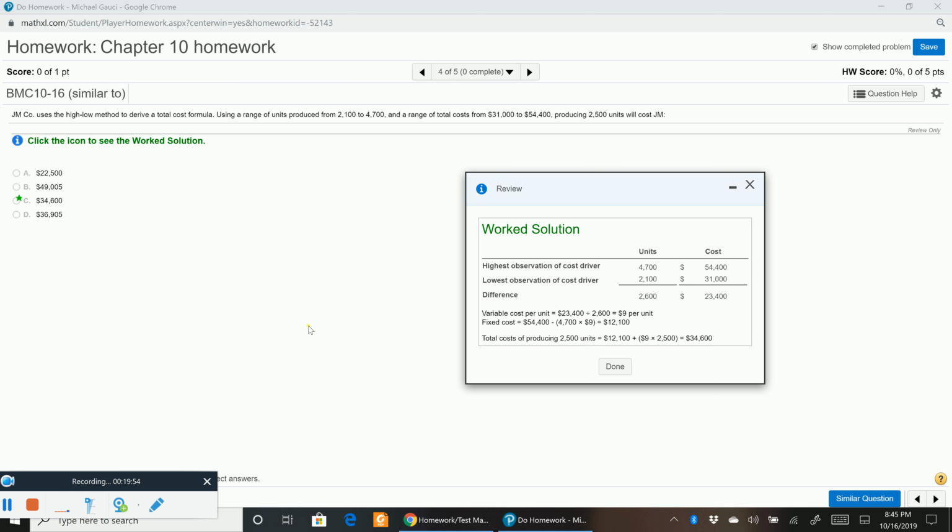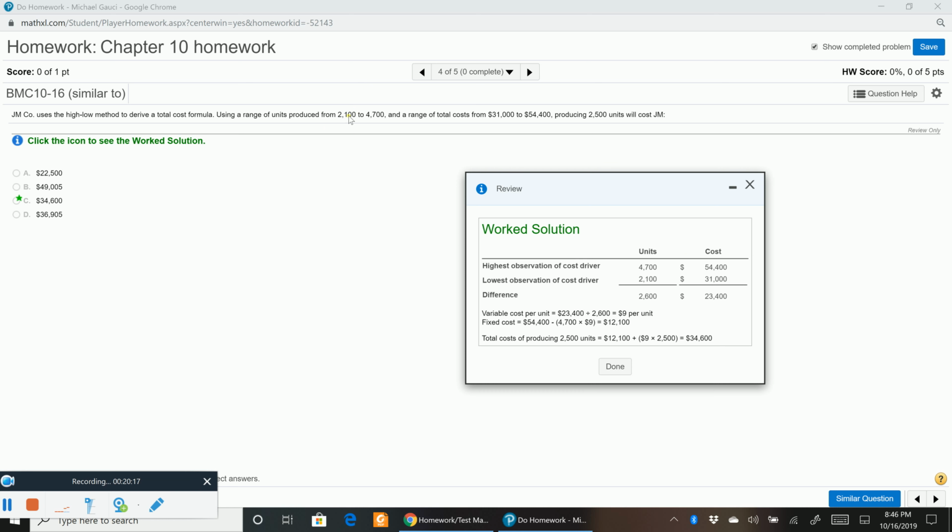Next homework problem, very similar, using the high-low method. We have a whole bunch of activity levels, and from the activity levels, we're going to take the highest level with the highest cost driver, and the lowest level. 4,700 is the high, where there's a cost of 54,400.